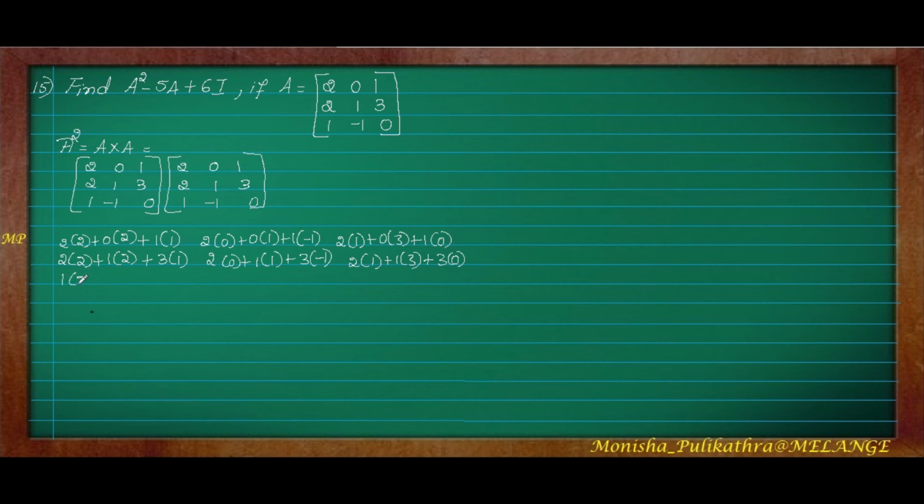So next 1 into 2 minus 1 into 2 plus 0 into 1. 1 into 0 minus 1 into 1 plus 0 into minus 1. Next 1 into 1 minus 1 into 3 plus 0 into 0.